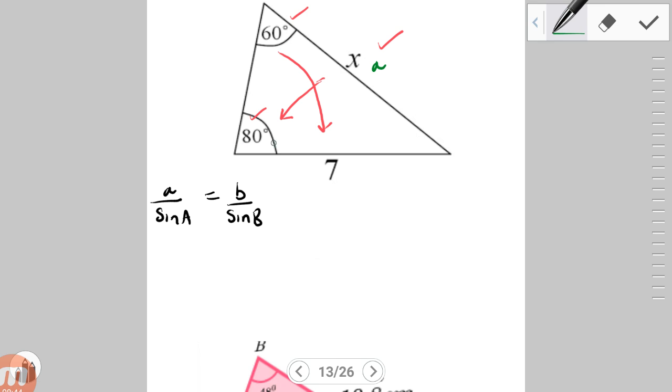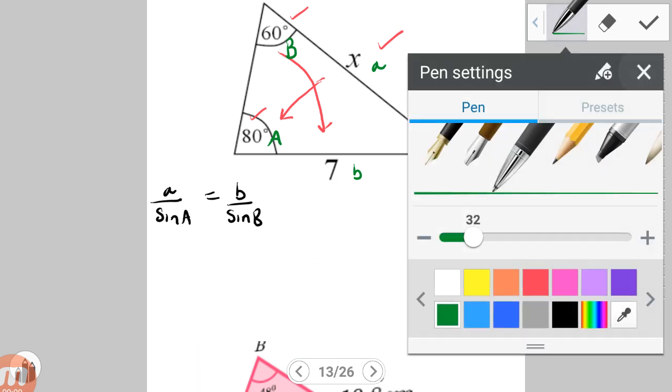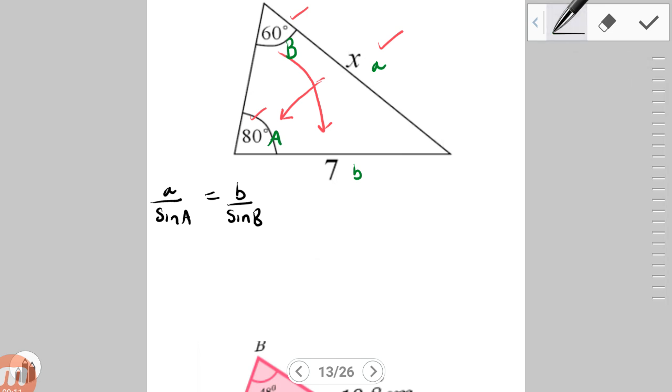Then clearly the angle facing the side we're looking for must be capital A. And naturally the side that's given to us would be b, so obviously the angle facing it would be capital B. And that is simply how we assign our variables to our diagram, given that the triangle is not named with the standardized letters.